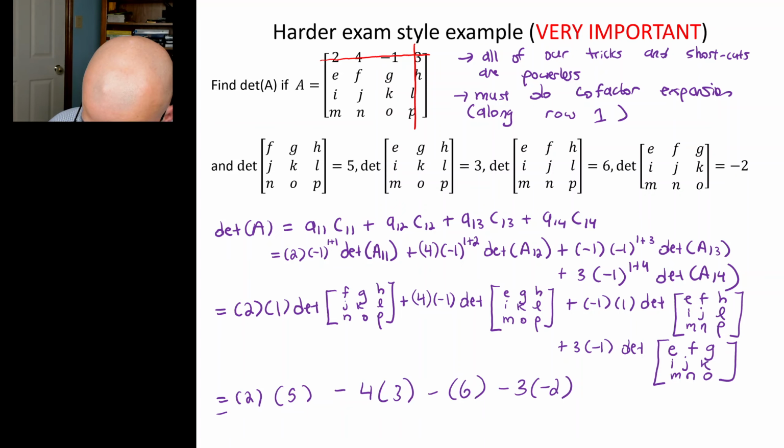And we can simplify. So 10 minus 12 minus 6 plus 6, we get negative 2. And I really hope that's the answer.